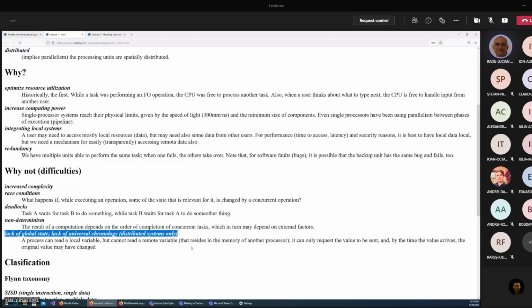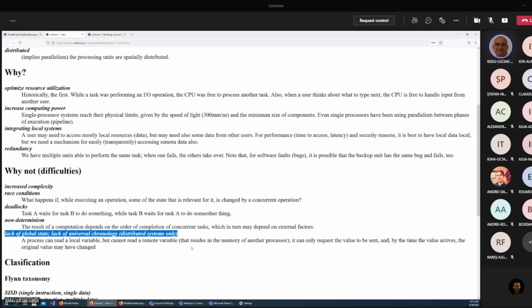So if you have a distributed system, then each part knows its local state, but knows only about messages exchanged with partners, with the other nodes. And the order of the events may be unknown. So it's hard to define what the order of events is.